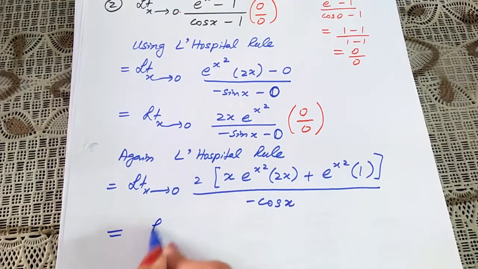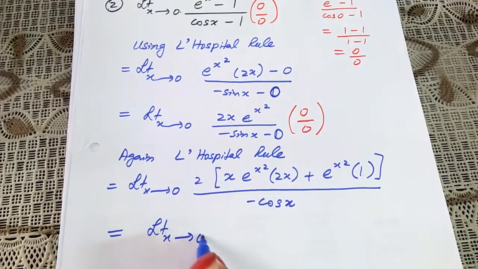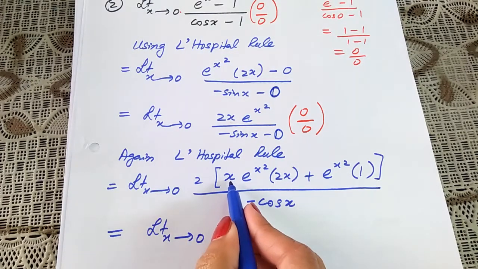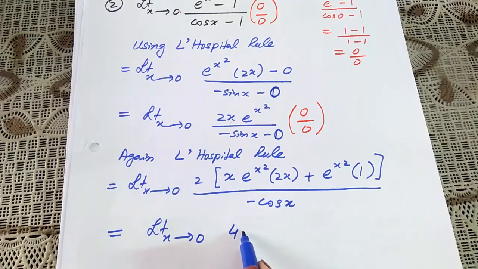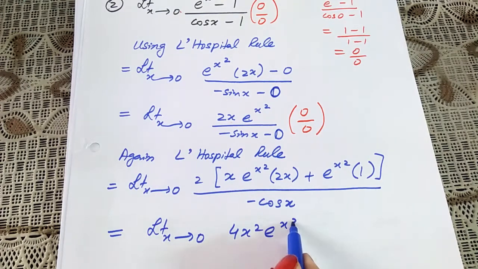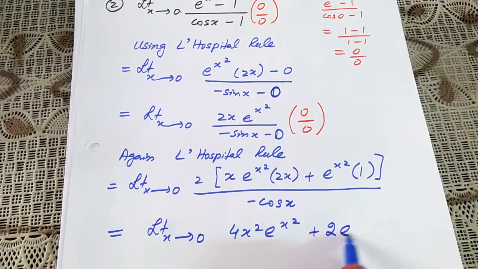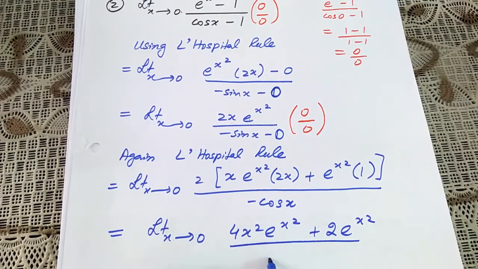Now simply we will get limit x approaches to 0, 4x square e raised to power x square plus 2 e raised to power x square divided by minus cos of x.